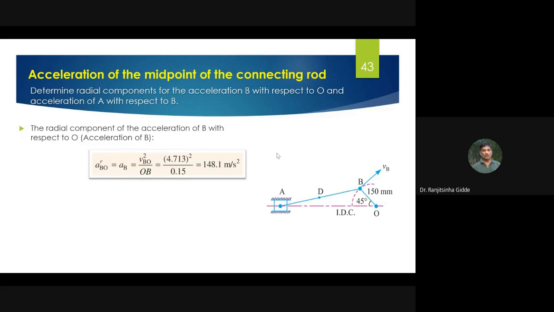So next line you can write radial component. So this is the formula for radial component. ARBO is equal to AB, so we know linear velocity VBO divided by this OB.